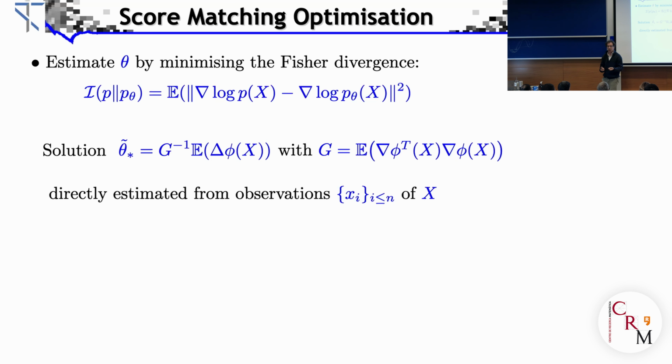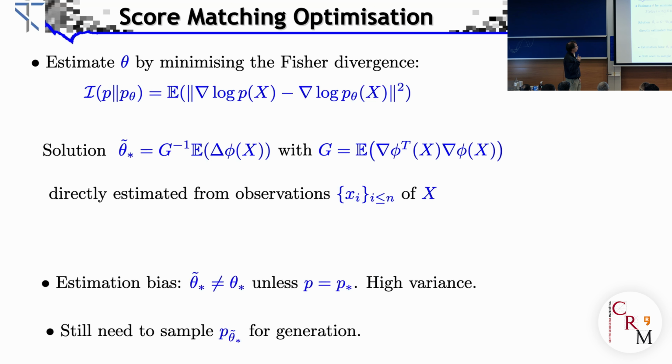But there are two caveats here. The first one is that unless the probability distribution you deal with, log of p, is exactly a maximum entropy distribution, in other words, if you have a model error, then the estimator is going to be biased.